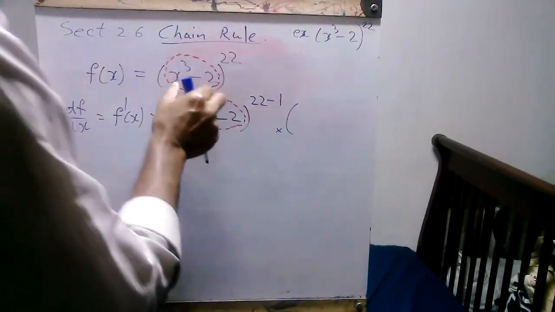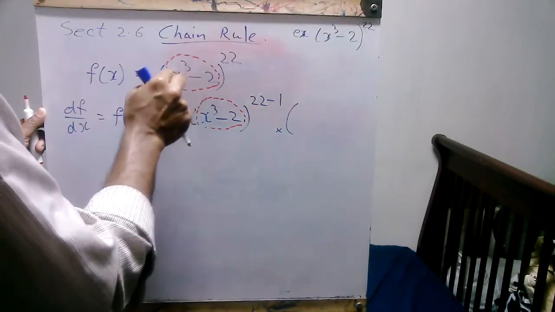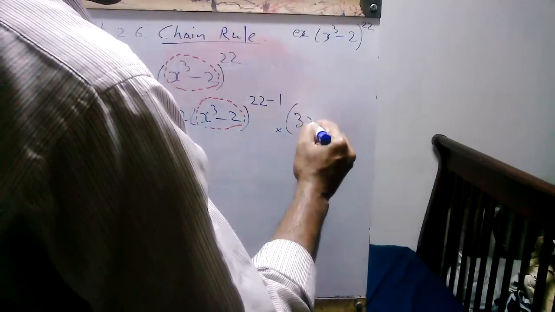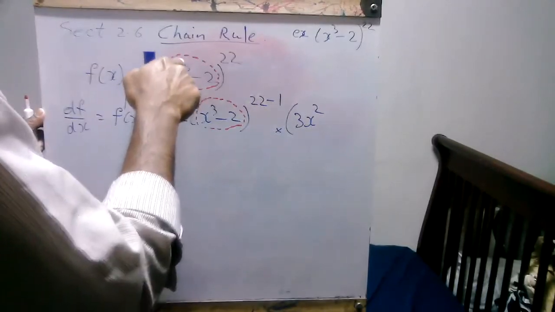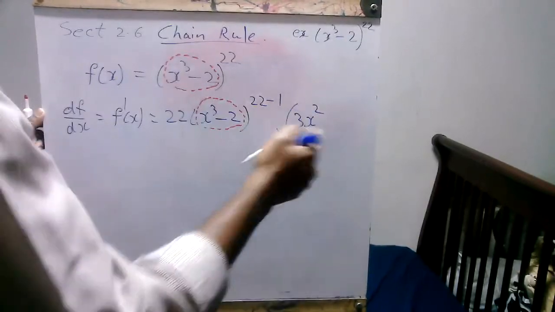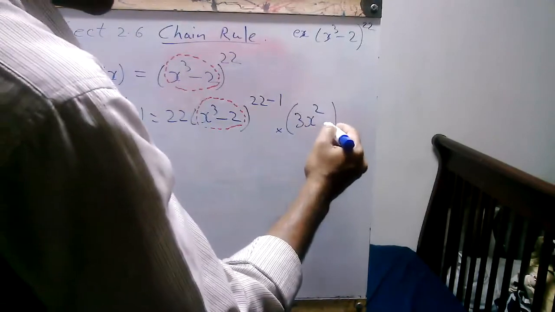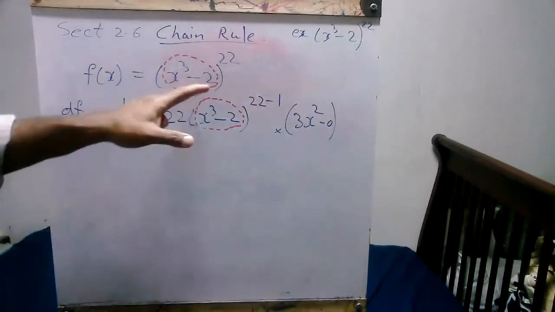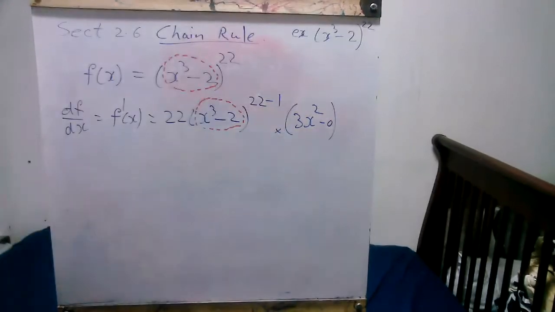What is the derivative of the internal function? x cubed, differentiate this, we get 3x squared, since 3 minus 1 is 2, right? Minus 0. If you want, I can write minus 0, but you don't have to write that because the derivative of a constant is 0.